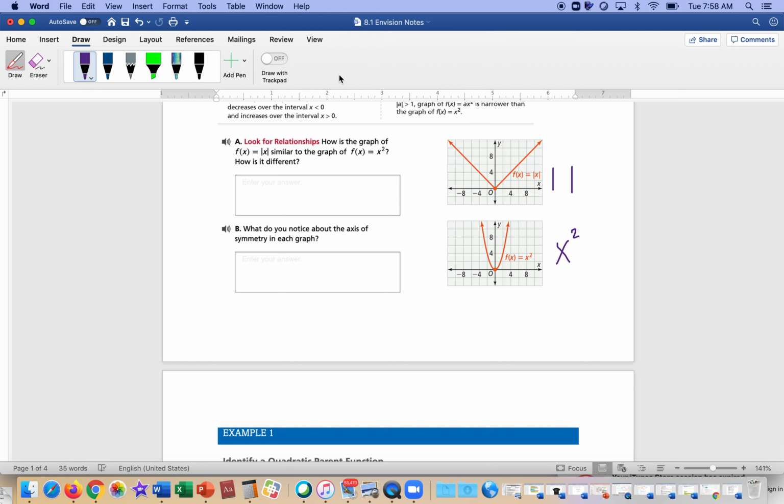So for the top one, if we remember from before, our vertex is at 0, 0. And for the bottom one, our vertex is at 0, 0. So that's the same for both of them.